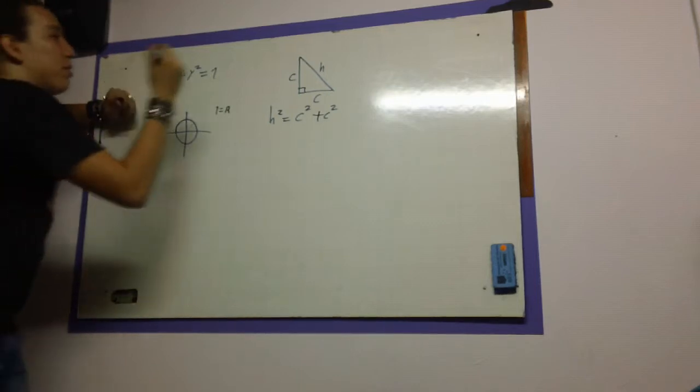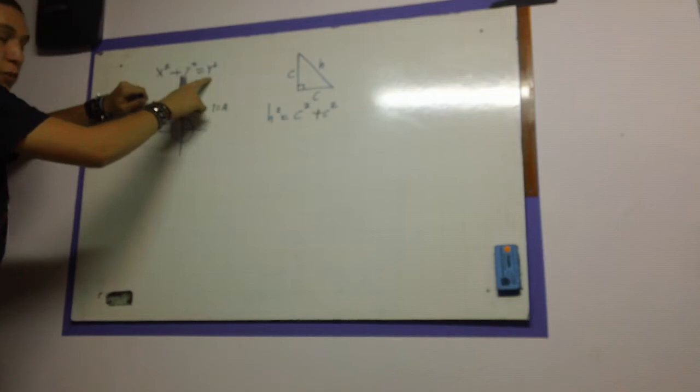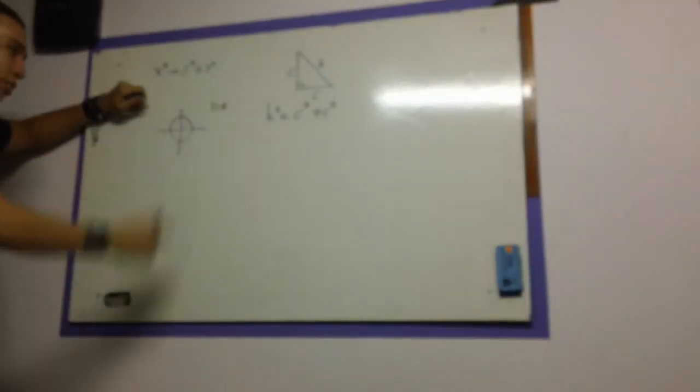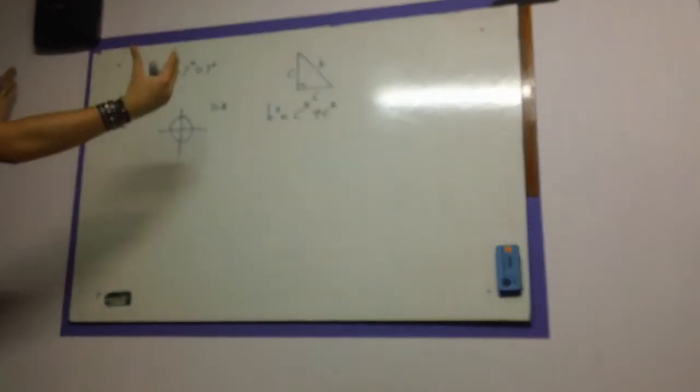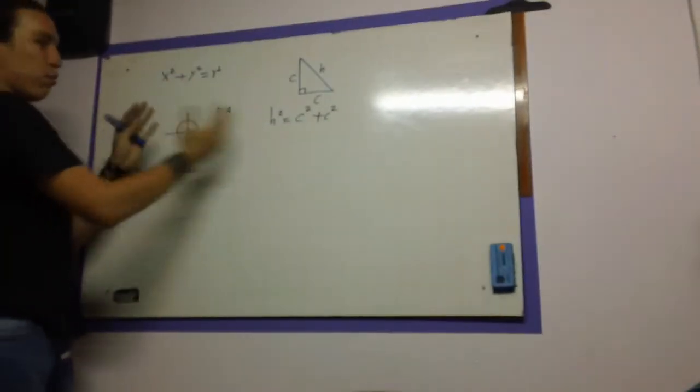The normal equation of this will be r squared, because r equals the radius of the circle. So you can do a bigger circle or a smaller circle according to this, and you also can move it.